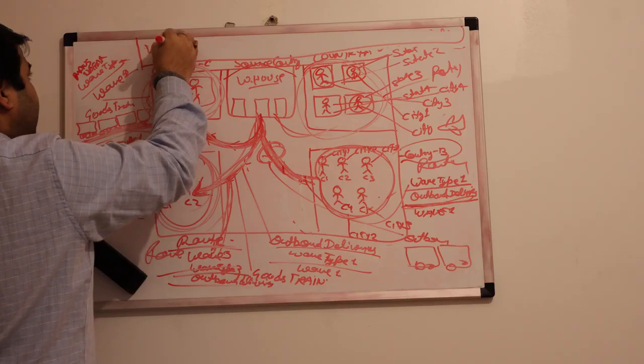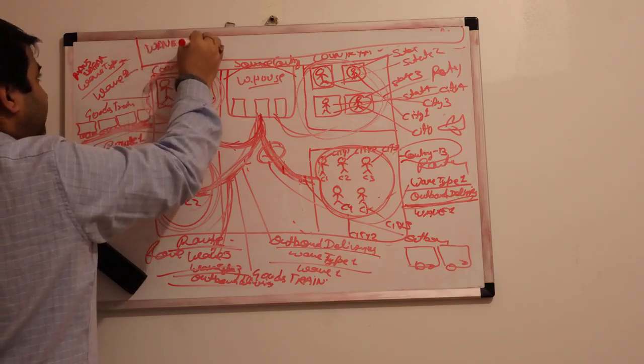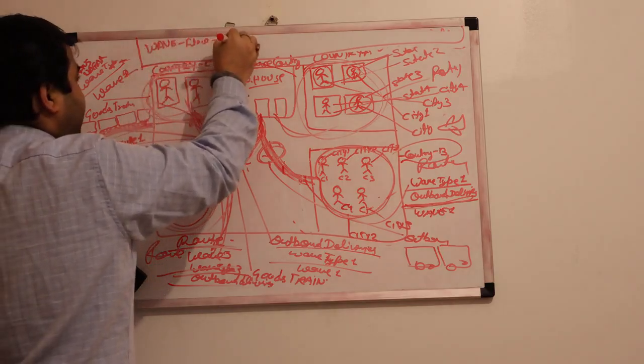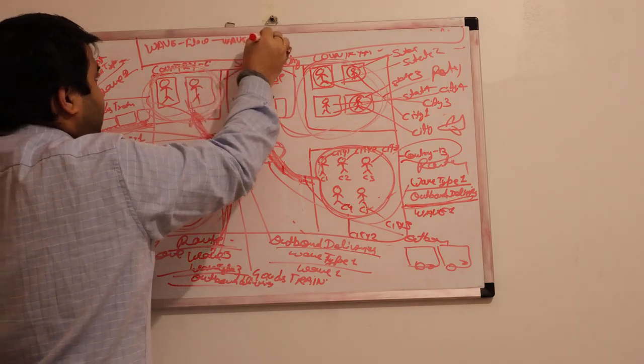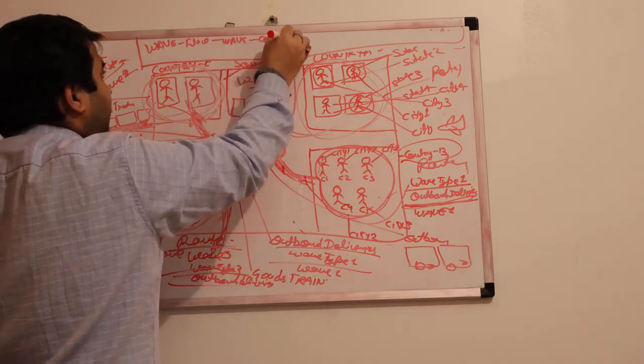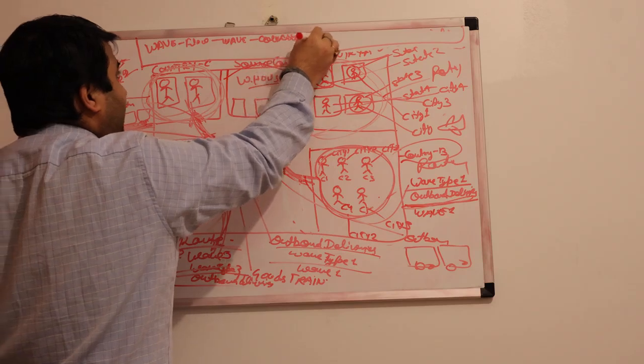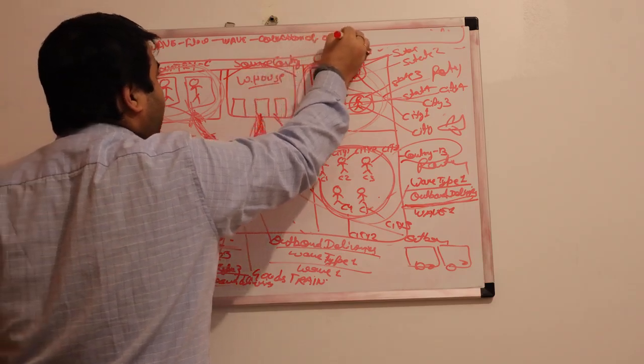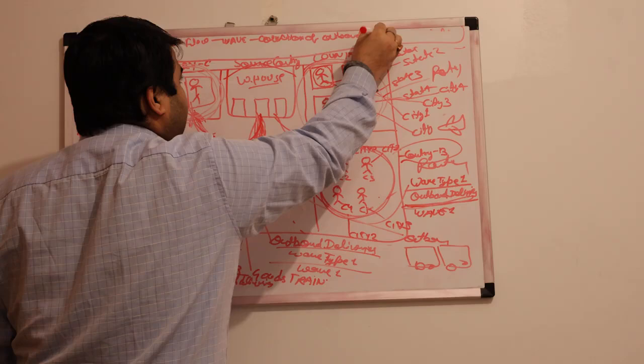Wave means flow, flow means wave. It means a collection of something. What something? Outbound deliveries.